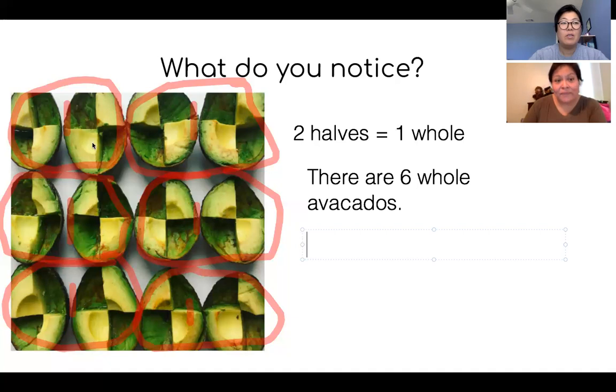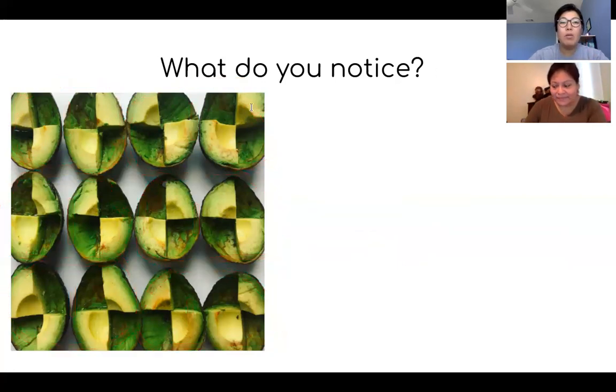Let's try that again. There are 3 groups of 2. There are 3 rows, 2 wholes, 2 wholes, 2 wholes. 3 groups of 2 whole avocados. And so that makes 6. Perfect.